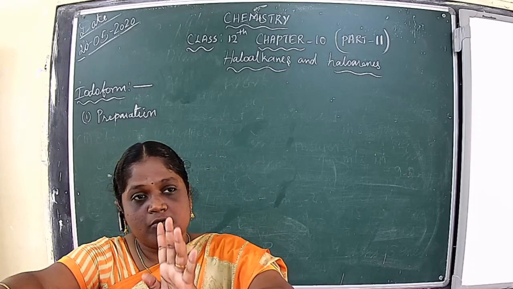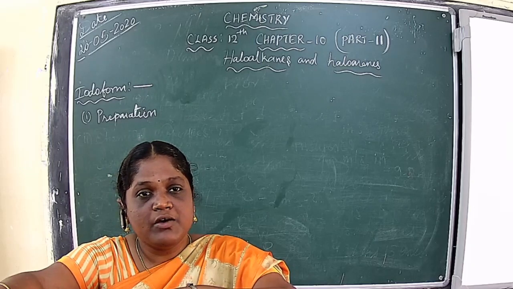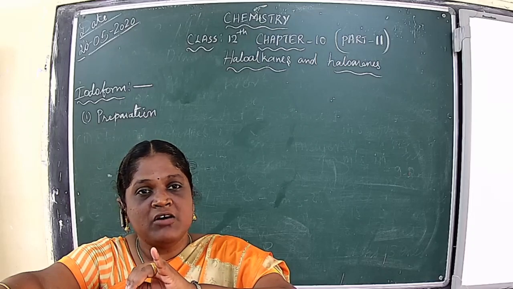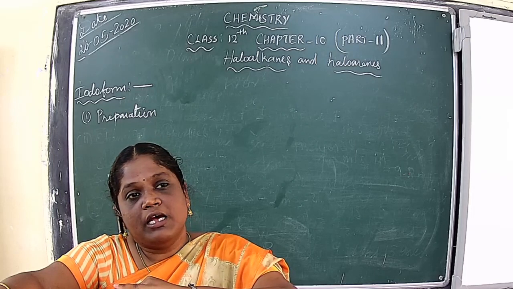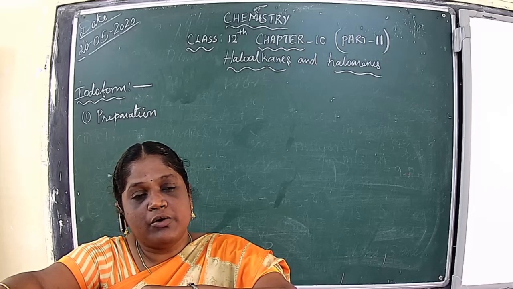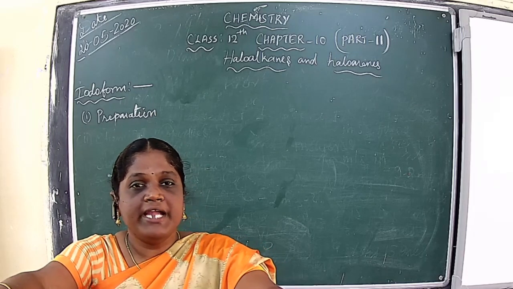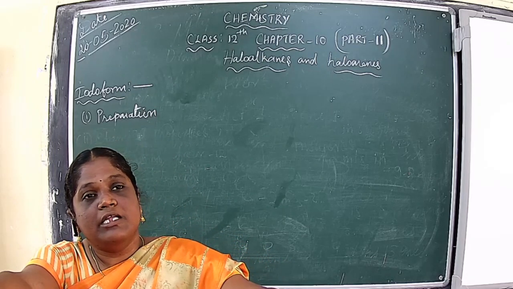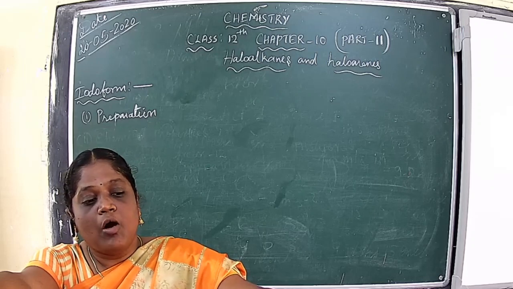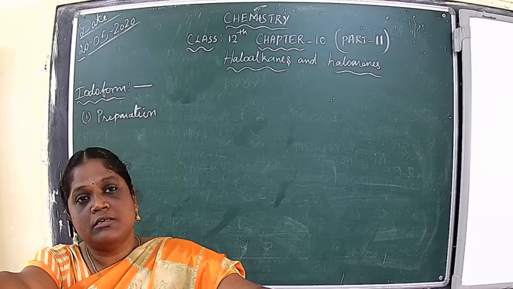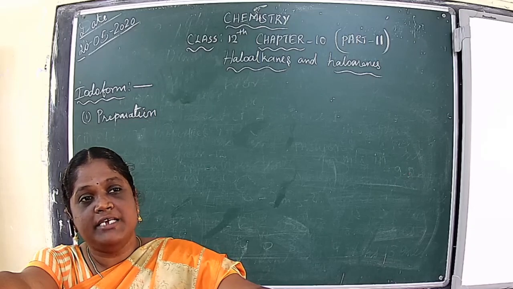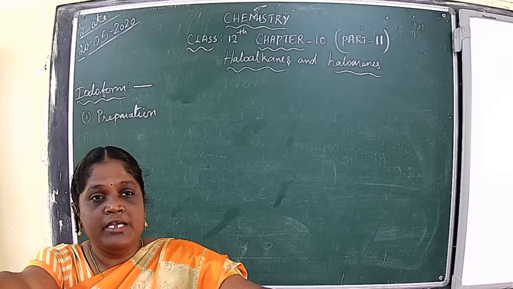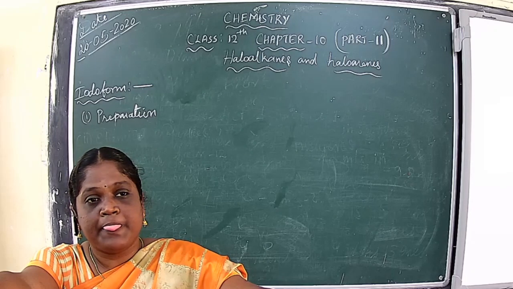So a 4-step process we have seen. First step, liberation of chlorine. Calcium oxychloride reacts with water to liberate chlorine plus calcium hydroxide. Then the second step, oxidation, because chlorine acts as an oxidizing agent as well as a chlorinating agent. So the second step is oxidation.